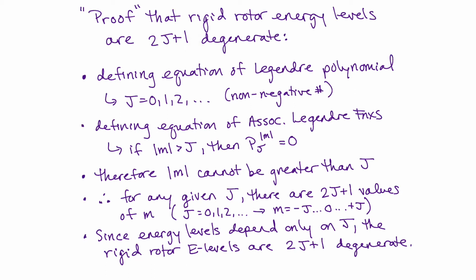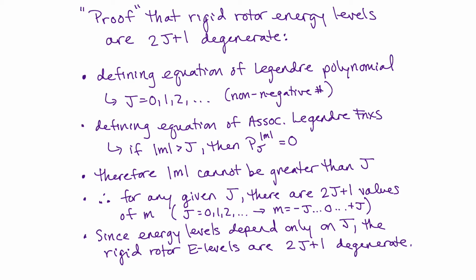The first thing we will look at is the fact that the defining equation of our Legendre polynomial tells us that J must be limited to non-negative integer values. So the limits on J, which I think we maybe forgot to mention earlier, are integers starting at 0: 0, 1, 2, and so on from there.